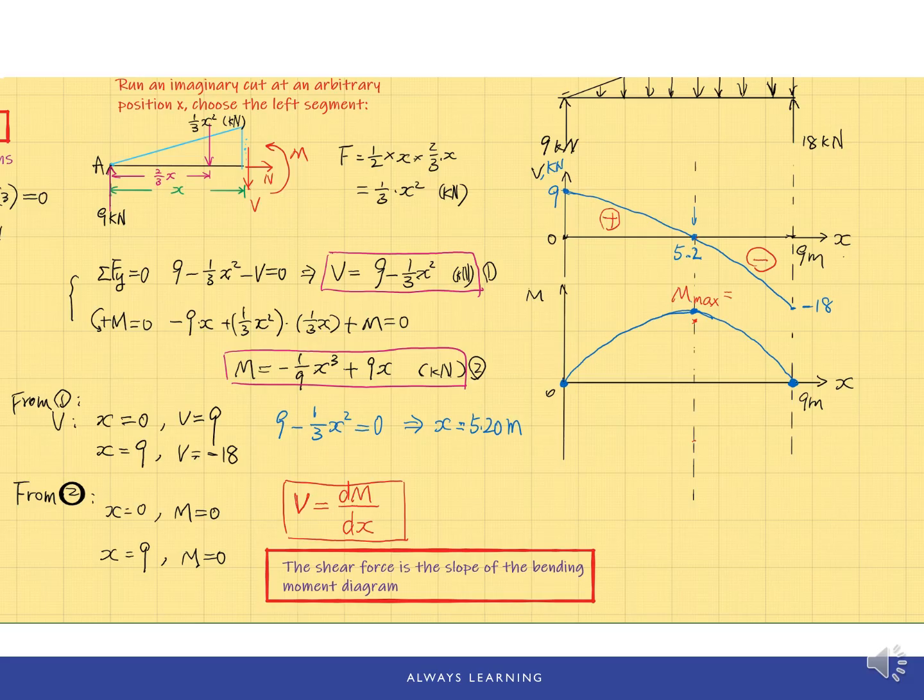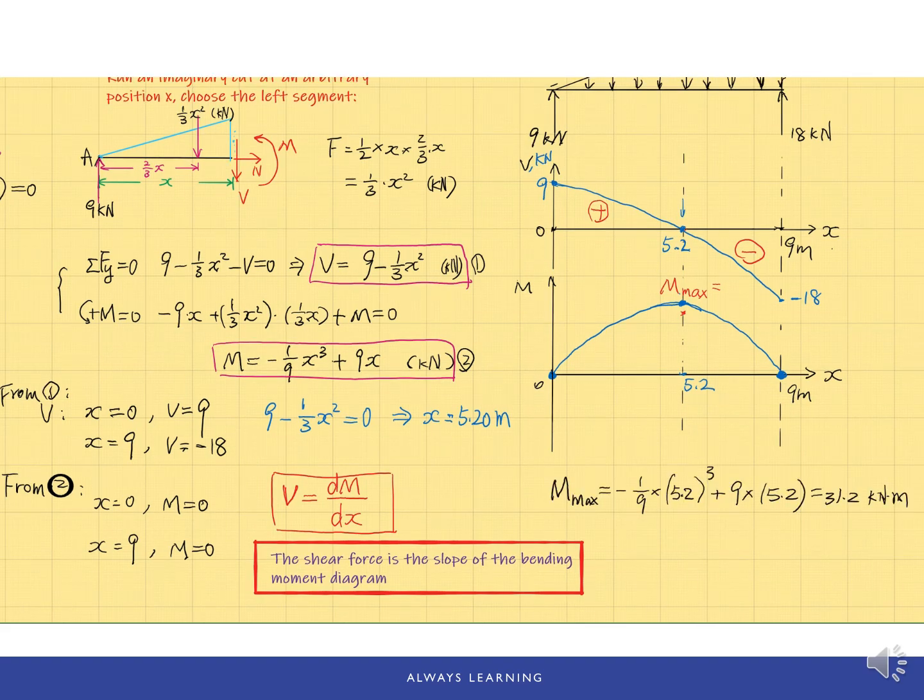We know M max happens at x equal to 5.2, so we just need to substitute x equal to 5.2 into equation 2. The bending moment is calculated to be 31.2 kilonewton meter. And this problem is solved.